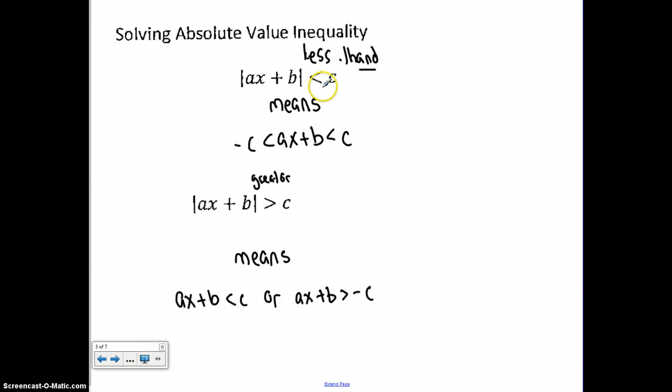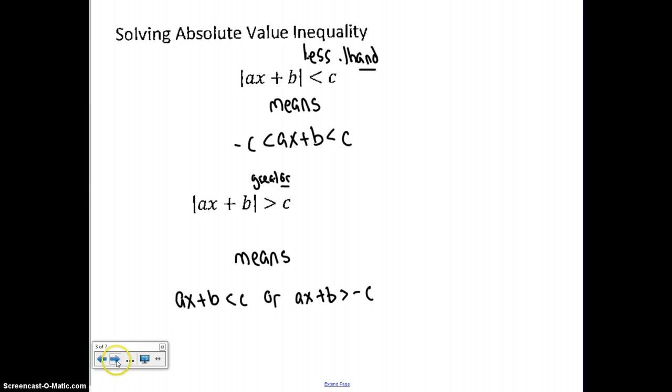So when I look at these inequalities, this tells me what type of compound inequality I'm going to get. This is a less than symbol, which means that I have an and compound inequality. And right over here, I have a greater than symbol, so that means it's going to be an or statement.